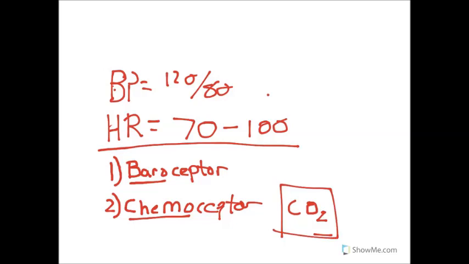So these are negative feedback loops. That means if blood pressure is the stimulus that we're trying to regulate and blood pressure goes up, then the body will respond to lower it, because in a negative feedback loop, the stimulus and the body's response will always go in opposite directions.